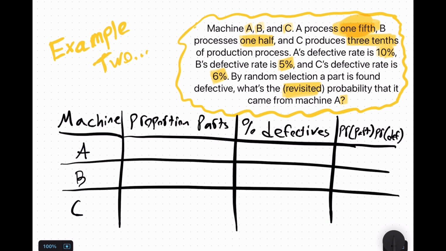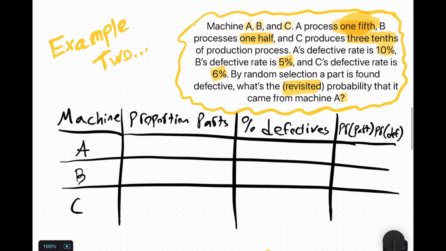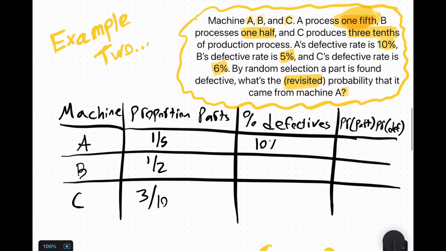We're told that A is 1/5 of the proportion of this production process, that B is 1/2, and that C is 3/10. And the percentage of being defective, A we're told is 10%, B is 5%, and C is 6%.